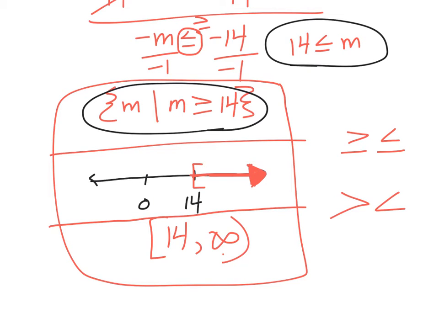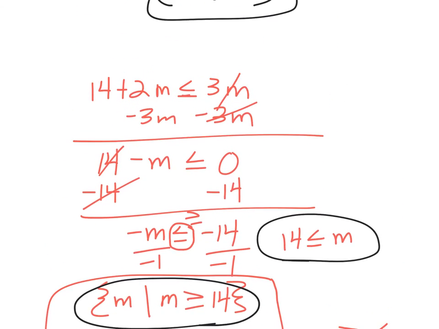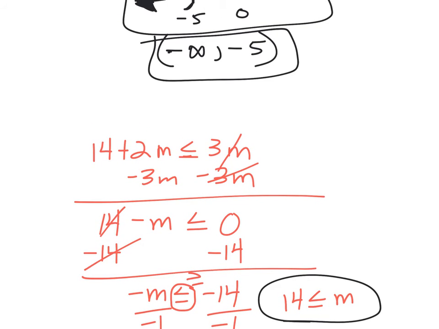The bracket means 14 is part of our answer. The parenthesis means it wouldn't be part of our answer. So let me illustrate what I mean. Let me show you how 14 is part of this answer. If we go back to the original problem, if I put 14 in here, I'd have 14 plus 2 times 14, which would be 14 plus 28, which would be 42.